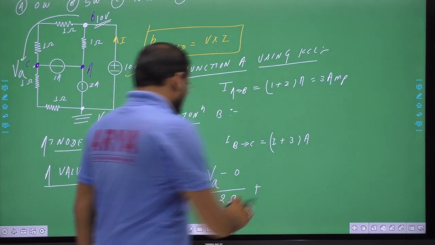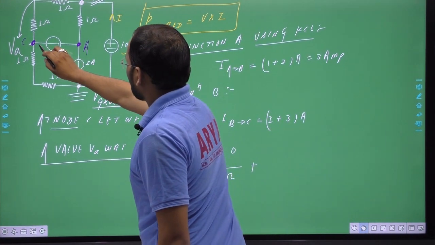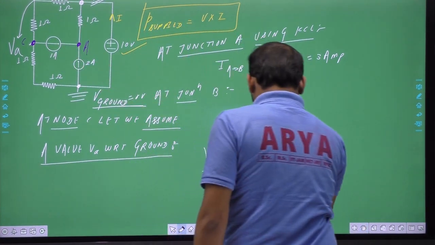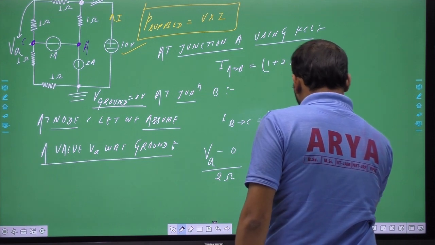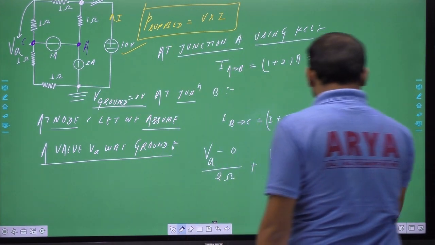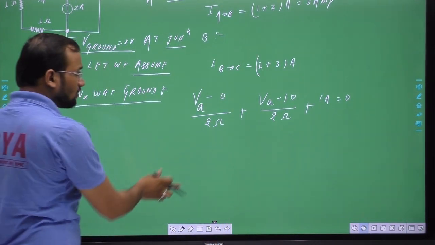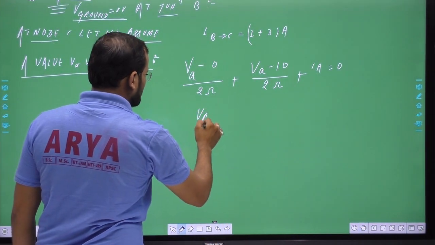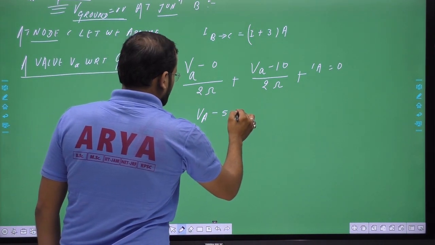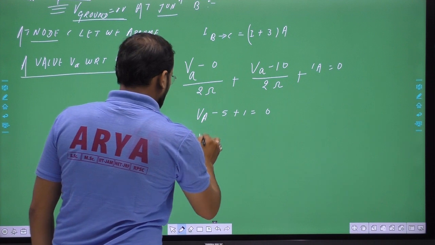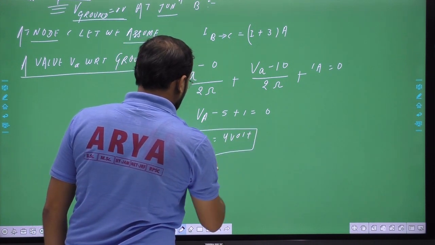So (VA minus 10) divided by 2 ohm, plus 1 ampere current already leaving, is equal to 0. VA by 2 gives VA by 2 minus 5 plus 1 equals 0. We obtain VA equal to 4 volt.